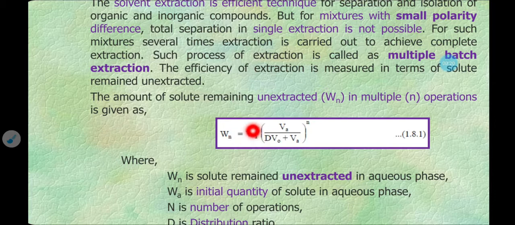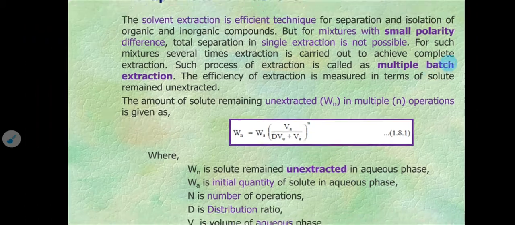That can be written in equation form: Wn is equal to Wa, the initial amount of solute, times the bracket of the volume of aqueous layer divided by the distribution ratio times the volume of organic layer plus the volume of aqueous layer, bracket raised to n. Here n means the number of operations in multiple batch extraction.